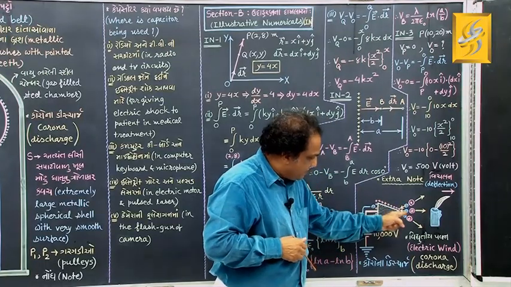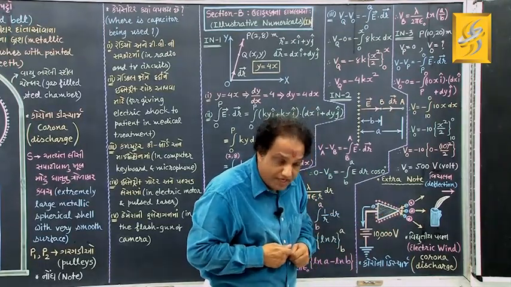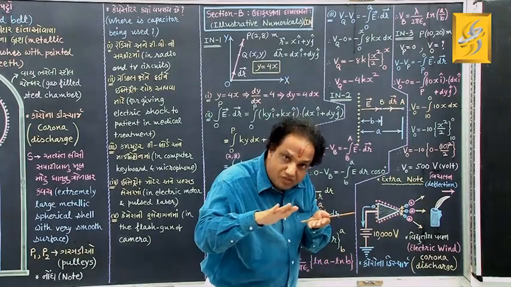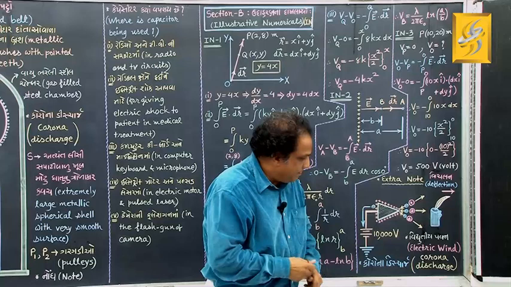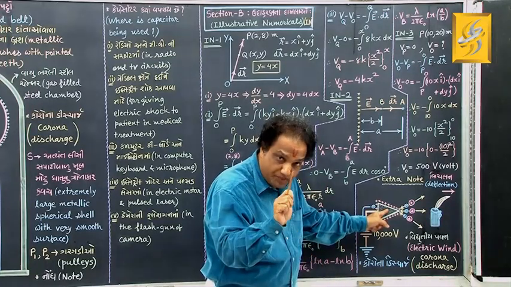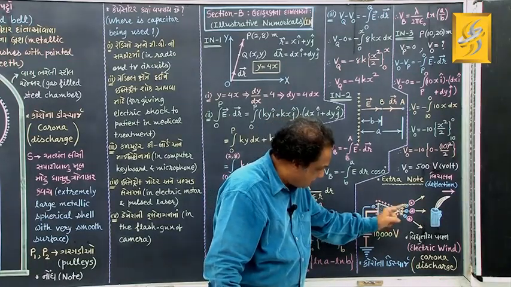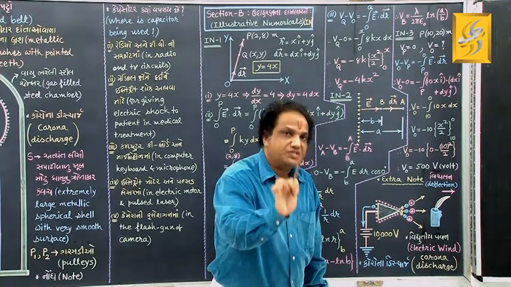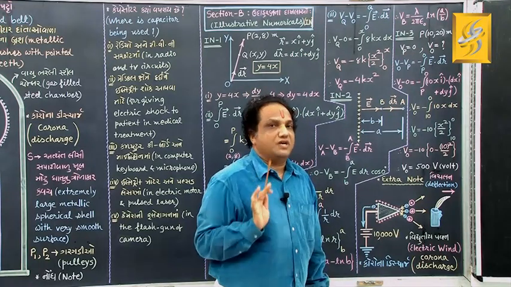Now, come back to this point. The electrons which are coming here will associate with the positive charge here and neutralize it. This is how this metallic plate loses positive charge at this corner. That process of losing charge at the corner is known as coronal discharge.